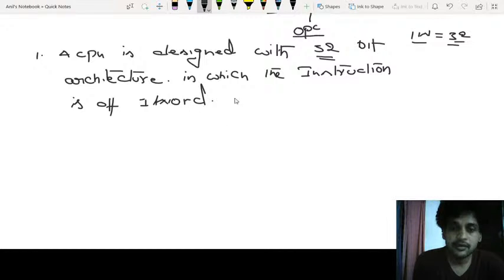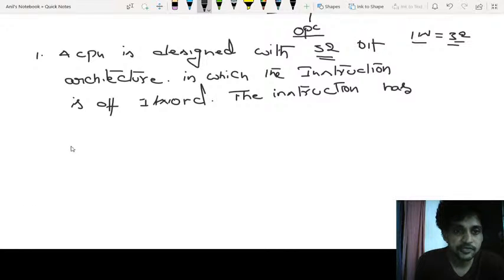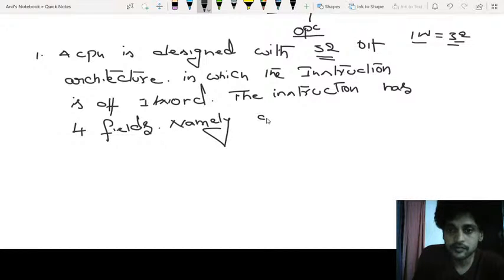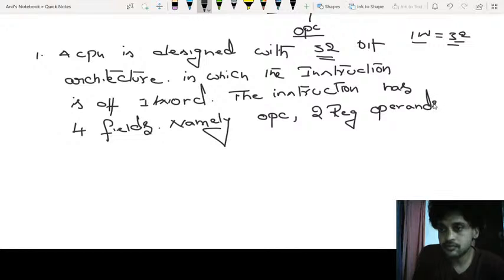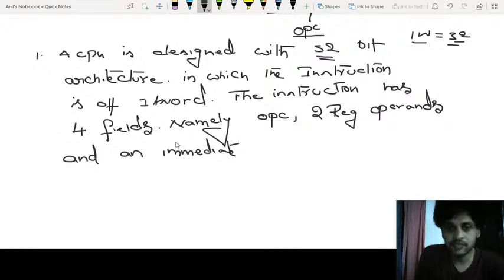Now, the instruction has 4 fields, namely opcode, two register operands, and an immediate operand.